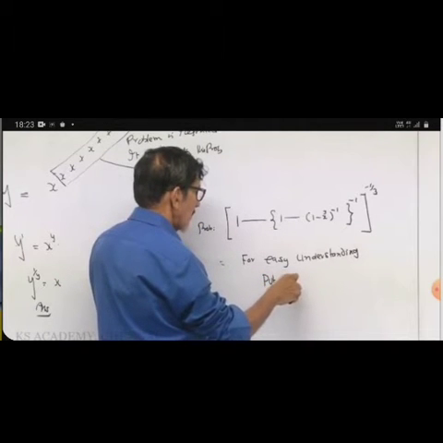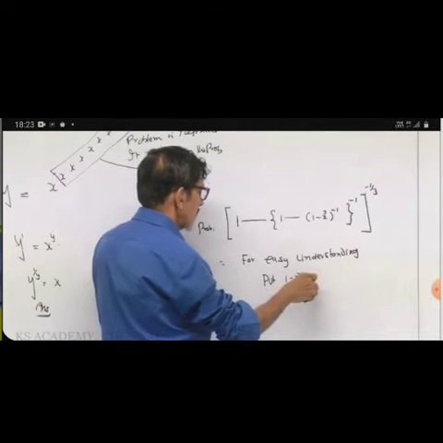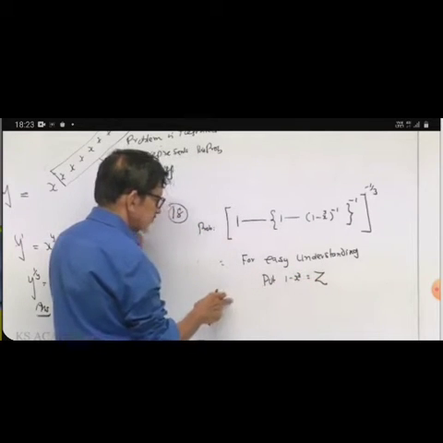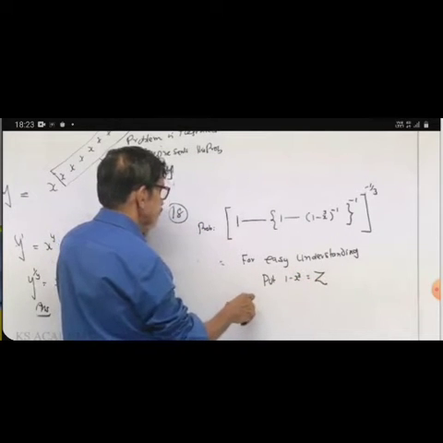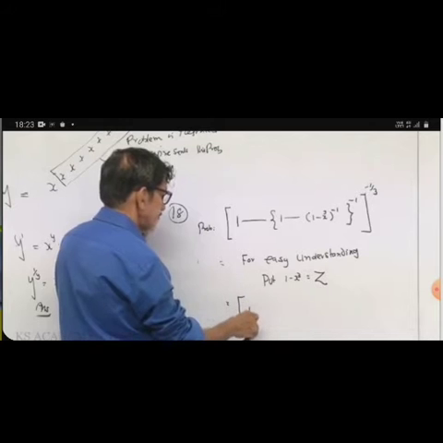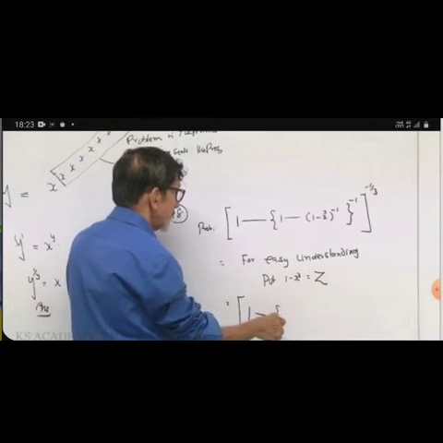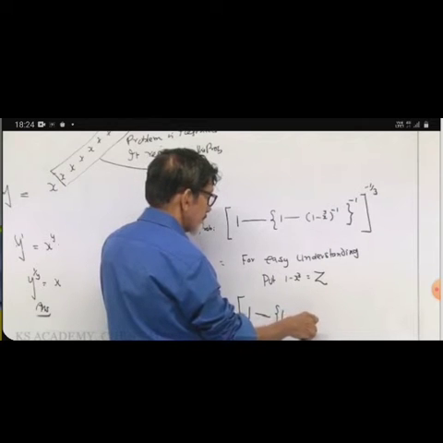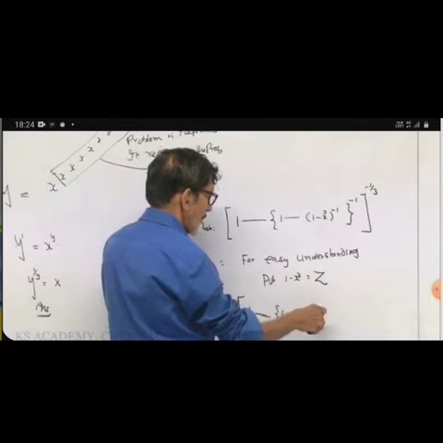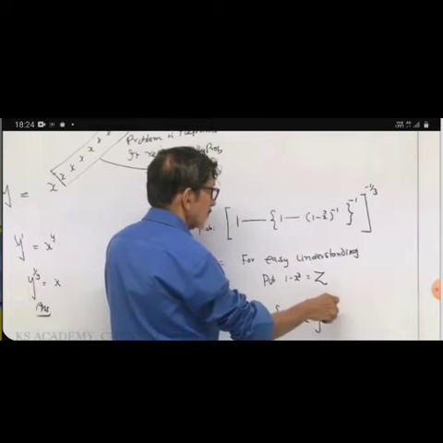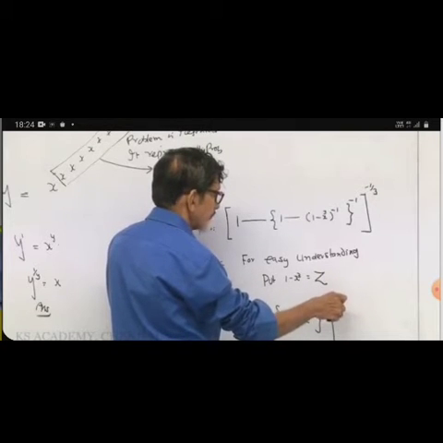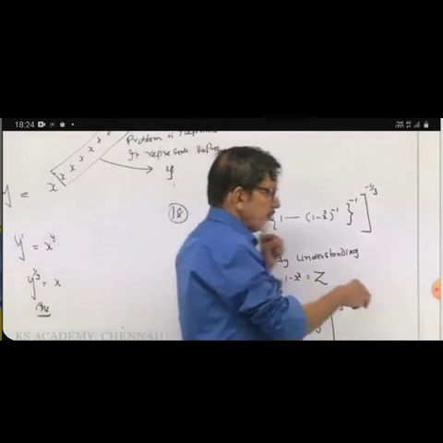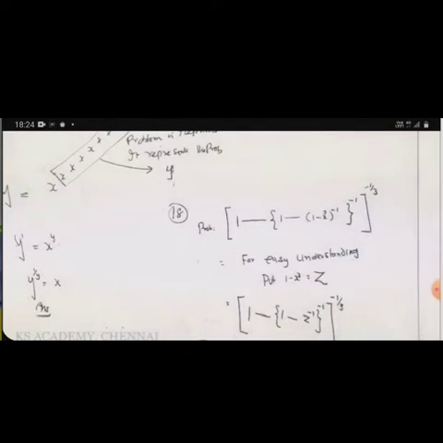Put 1 minus s cube is equal to z. This step you write neatly.